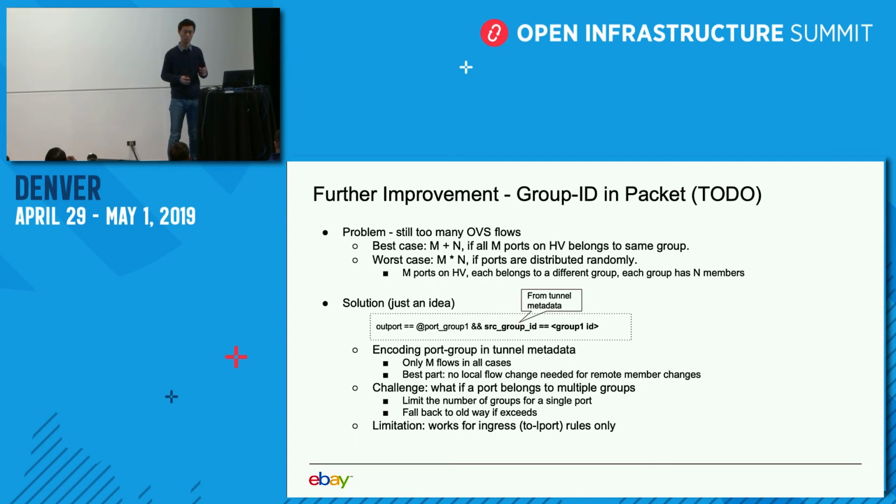Then you don't have to list everything in OpenFlow rules. In the OpenFlow rule, you maybe just need one flow to say whatever ID is in this header, I will allow it or deny it. There are some limitations, of course. It basically works for the ingress direction only, but I think it's still a valuable feature to do.